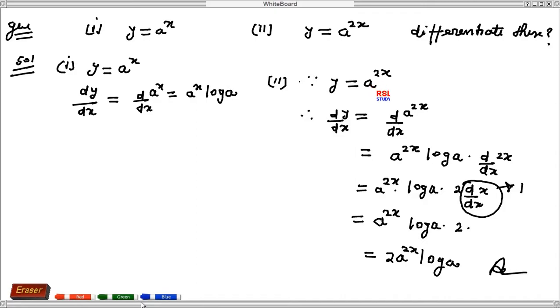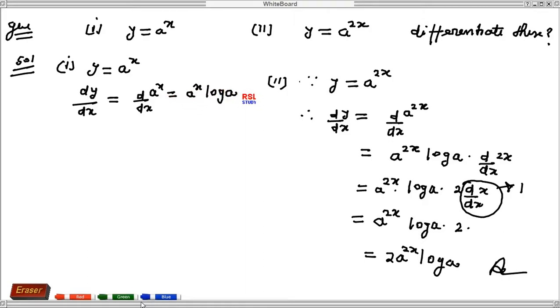Note, since here we are assuming that this is capital X, after assuming we will differentiate. So a power 2x will be a power 2x log a, and this 2x will also be differentiated as d/dx of 2x. Note that here is y equal to a power x. If you differentiate, you will write d/dx of a power x as a power x log a.